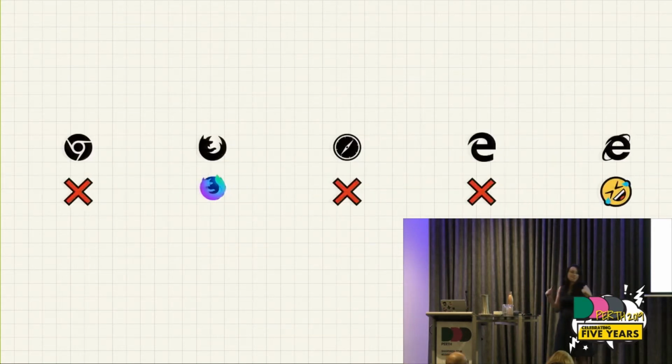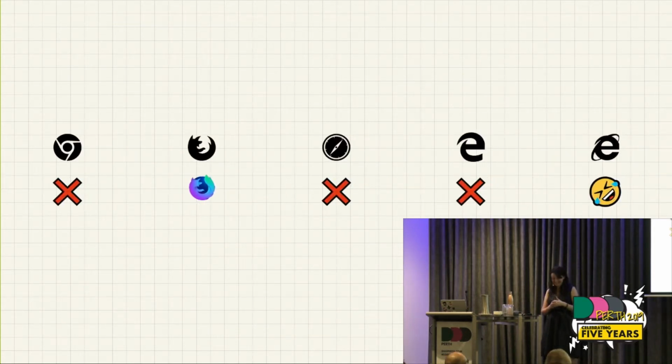So, what I didn't mention, SubGrid launched about 2 months ago in Firefox Nightly, not even Firefox Dev version, Firefox Nightly only. So you definitely cannot use this in production, but it is available to start playing around with.